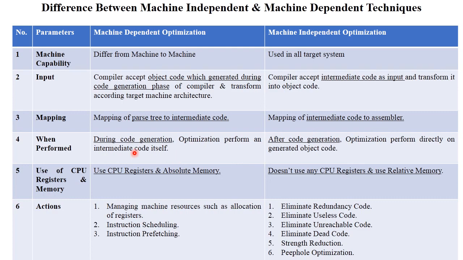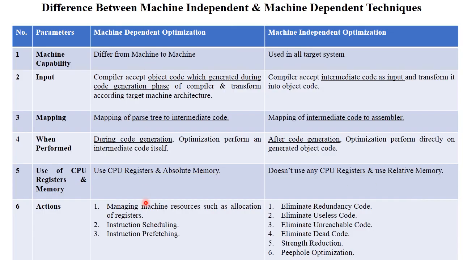So the machine dependent technique is performed during the code generation phase, and the machine independent technique can be performed after the code generation phase. The machine dependent technique uses CPU registers and absolute memory locations, that is, permanent memory locations, but the machine independent technique doesn't use any CPU register; it uses relative memory references. Clear?